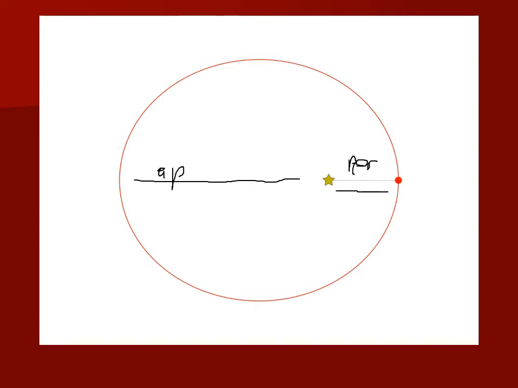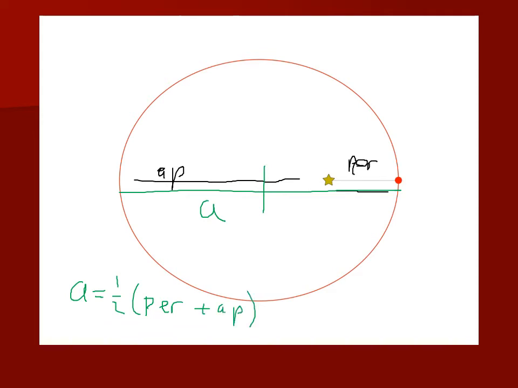The next law talks about the semi-major axis. The semi-major axis is half of that distance, and that's going to be a, the semi-major axis. If you look at it, a is 1/2 of the perihelion plus the aphelion. But what happens if you add two numbers and divide by 2?